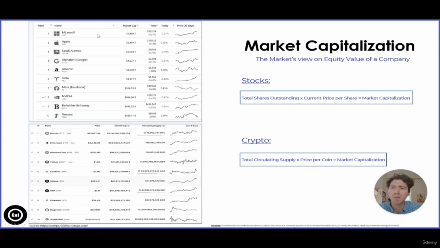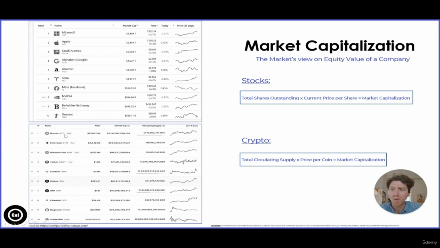Here on the top, you see the biggest companies in the world with their current market cap. Like Microsoft currently is the most valuable company based on market capitalization with about 2.5 trillion US dollars. Looking at the crypto markets, here you don't take the total shares outstanding, but the total circulating supply of a certain token or coin and multiply it with the current price per coin.